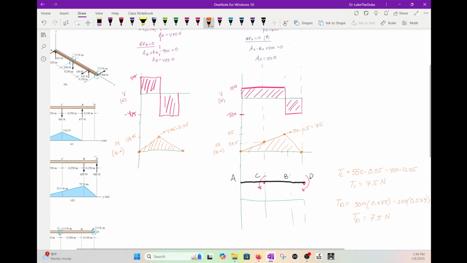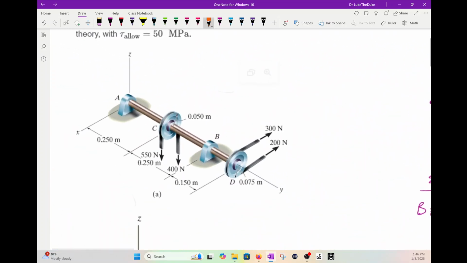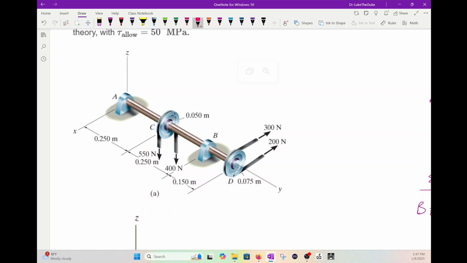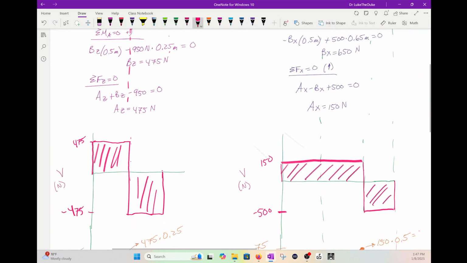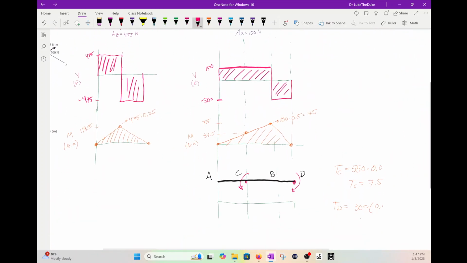Now, the reason I did it like that is if we go to the diagram here, this is 550. It's going to pull that way. That's the torque. Here, it's going to go that way. That's the torque at D. And you take your 550 and you multiply it by the radius of that sheave for both cases. That's why it's 0.05 and 0.075.